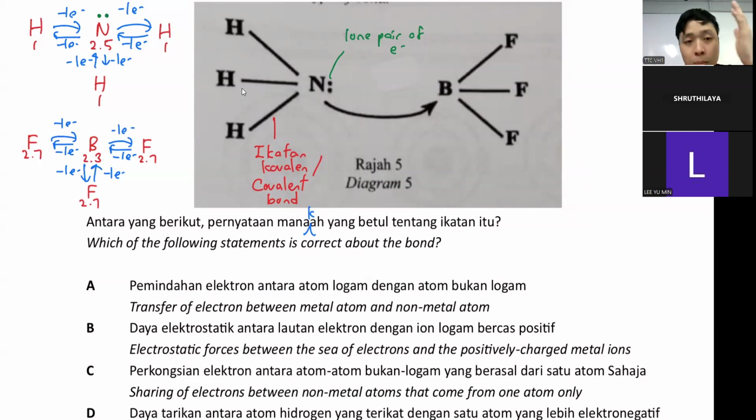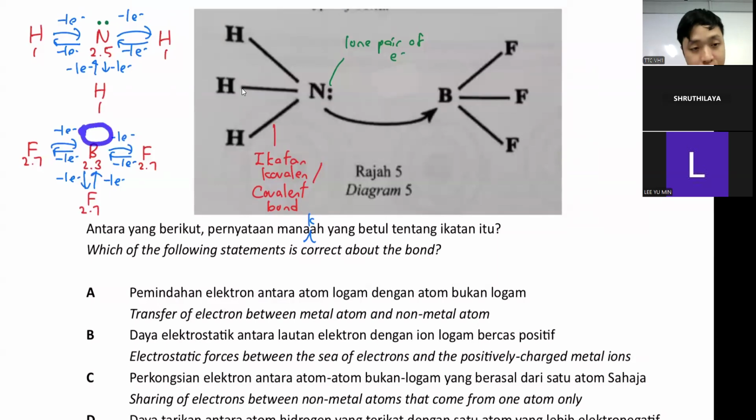So the problem is, even though I got 3 F sharing already, boron is still not happy, because boron now is 2.6 only. Boron needs two more to become full.